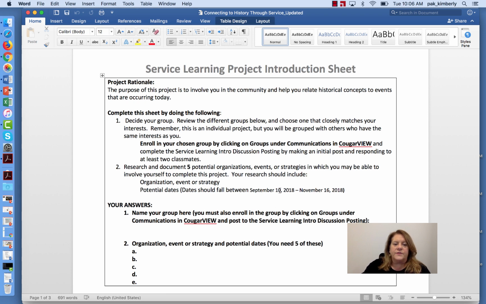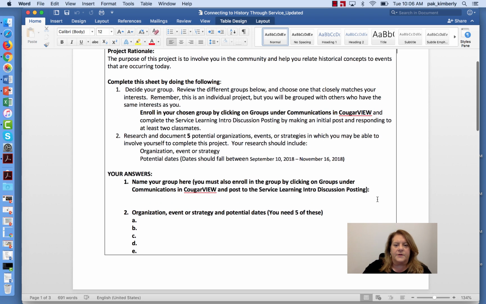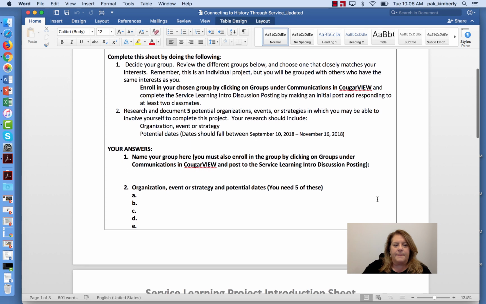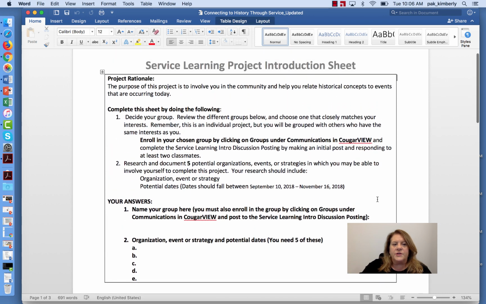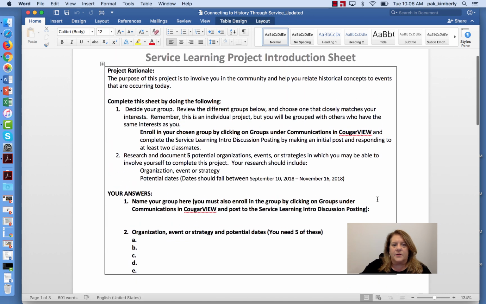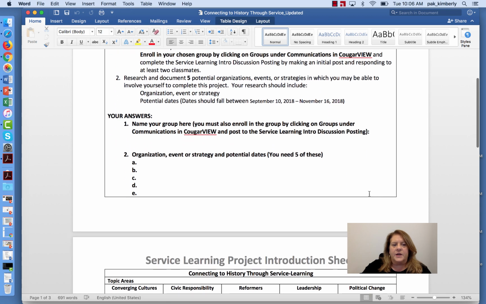Okay, so your dates should fall between September 10th and November 16th. That's kind of our time period to complete this project, okay? And it's 5 hours, sometime between September 10th and November 16th. So when you turn in this sheet right here, the Service Learning Project Introduction Sheet, you should, on this sheet, name your group and then those 5 organizations and potential dates.